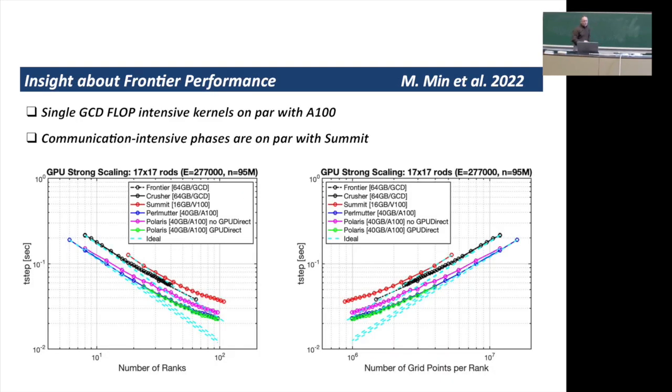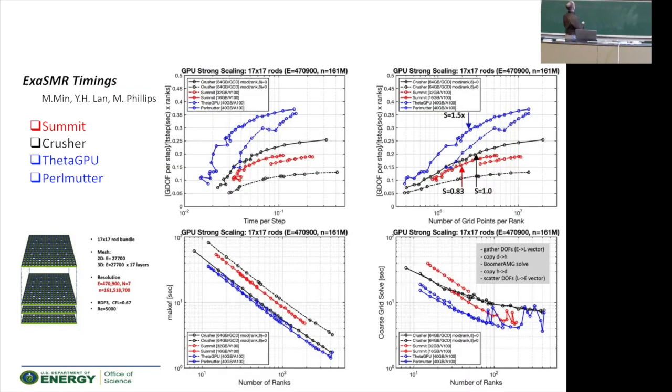Okay, so here are a number of strong scale plots, like the earlier ones, but I wanted to break down some of the things that are going on on Frontier. This is the advection kernel, which is not communication intensive at all. Frontier is quite slow. Now, this is even after, I think, the fix.